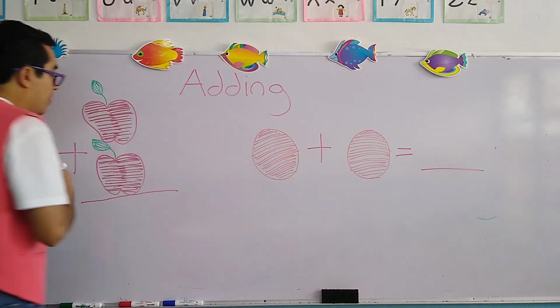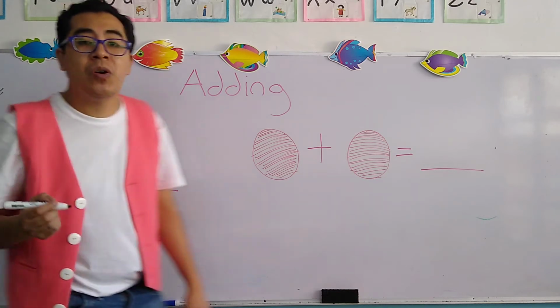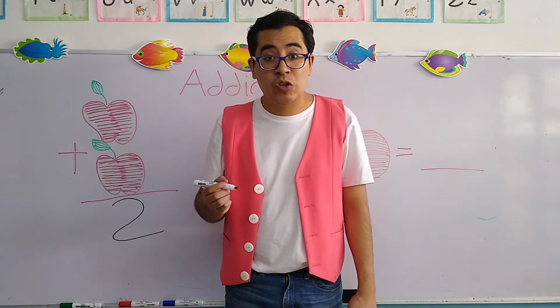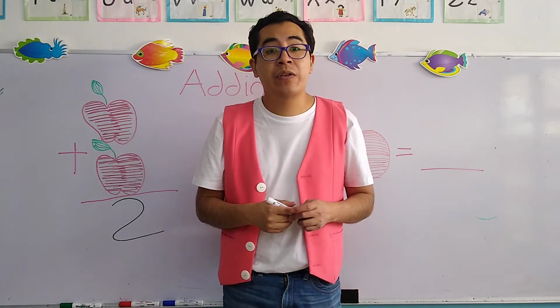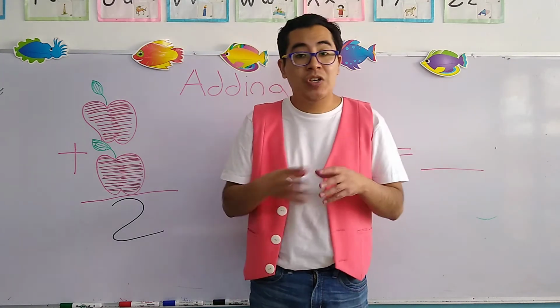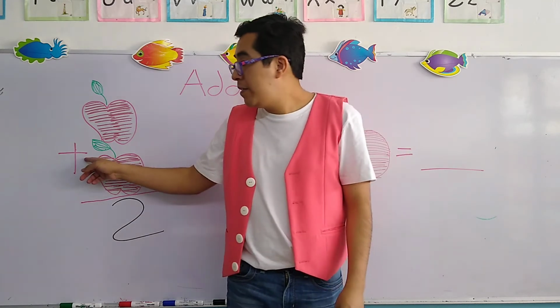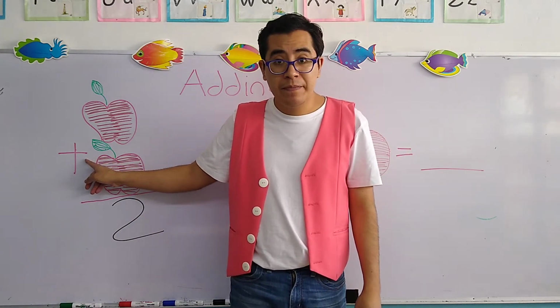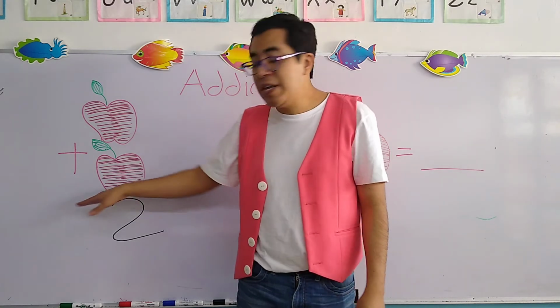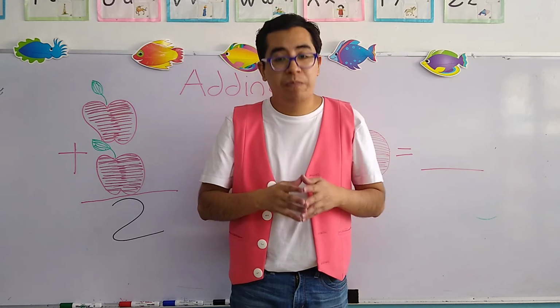Remember the number 2 is like a dog. And that's the result of our addition. Ese va a ser el resultado de nuestra suma. Okay? Very good. Once again, my children, important aspects of an addition. The plus symbol and the line to indicate that that's the total of objects.